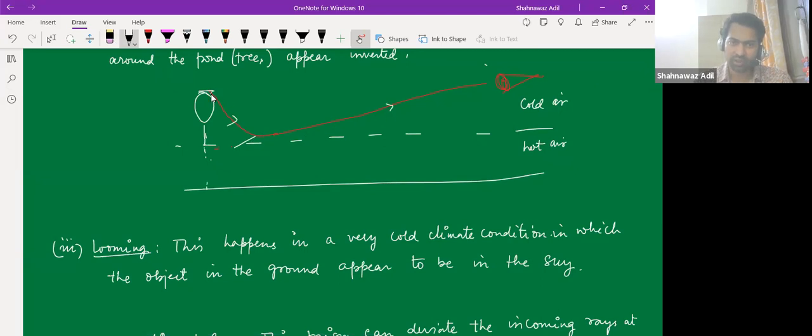So from the denser medium, these rays are coming, right? So you will see that this will appear in water. This is the actual tree, and this is the image of the tree.